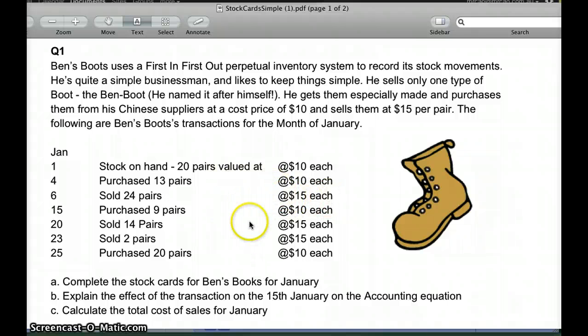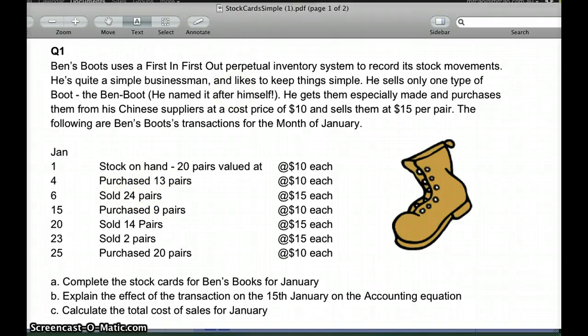Now for these questions, we don't worry about the price it's going out for, because this is recording the stock movements in our warehouse. So we don't really care at this stage what price it goes out at. All we want to know is the numbers and the cost we bought them for.